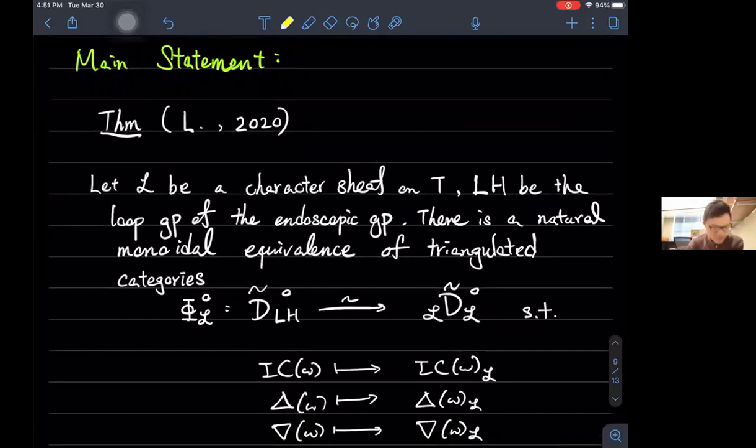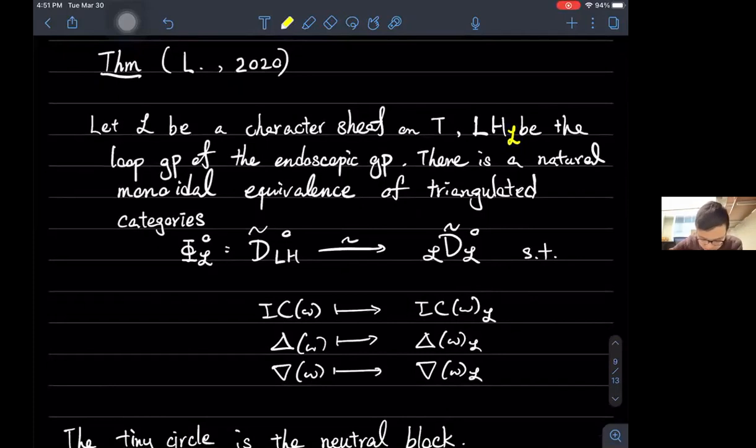So I could now talk about my main statement. Suppose I have an L, a character sheaf on T. I could consider the endoscopic group HL, and then I could take the loop group of HL.